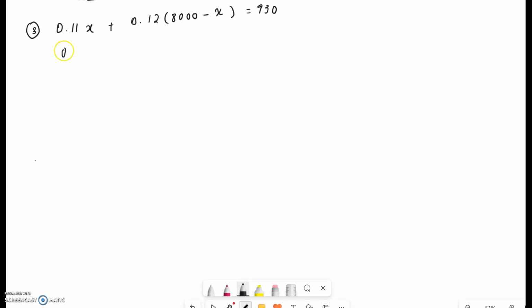So -0.11x plus. So it's a positive. 0.12 is multiplied with 8,000.